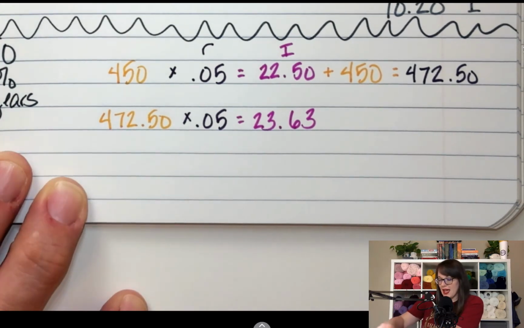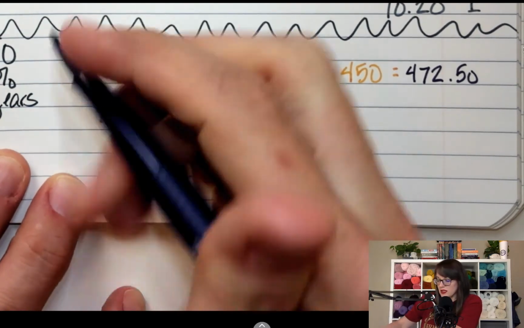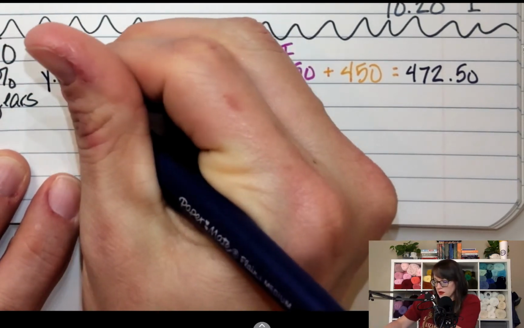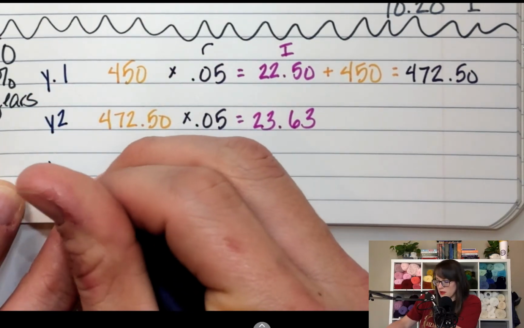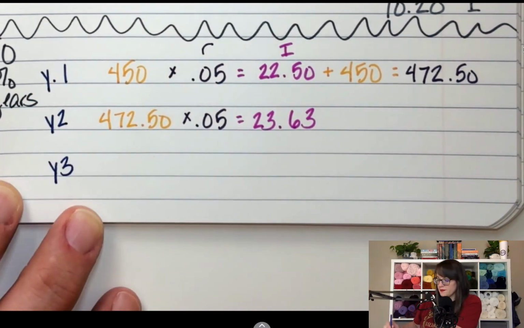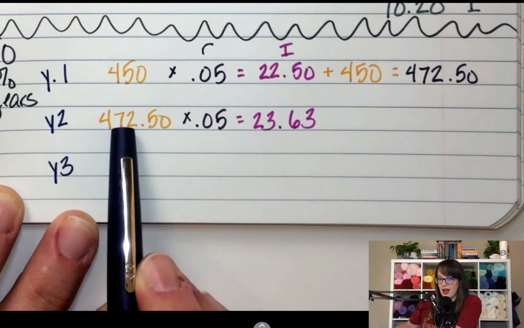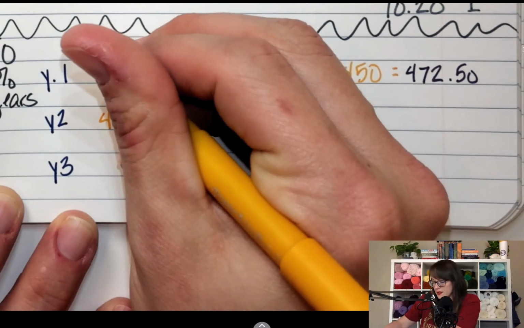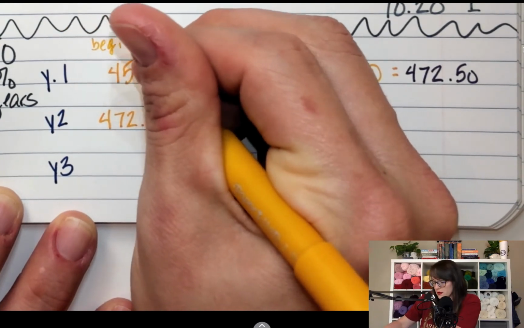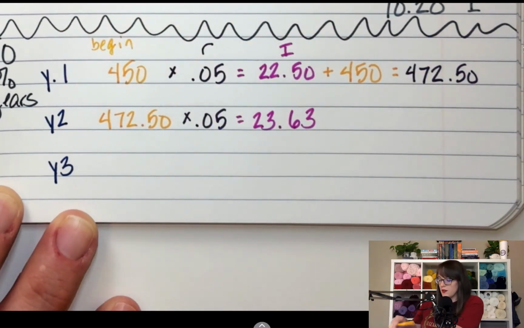How much money was in the bank at the beginning of the second year? 472.50. Let's add some labels to the beginning. So this is year one. This is going to be year two. And this will be year three. So at the beginning of year two, I had this much money. We can call that beginning balance. We'll just say begin.